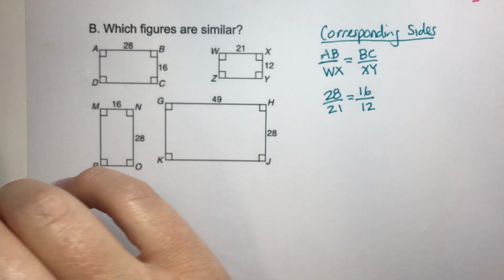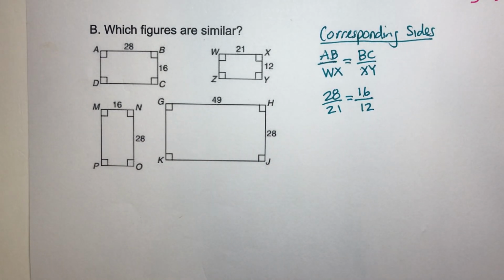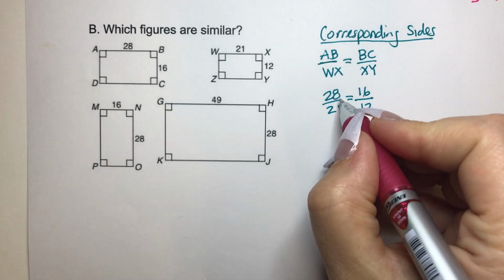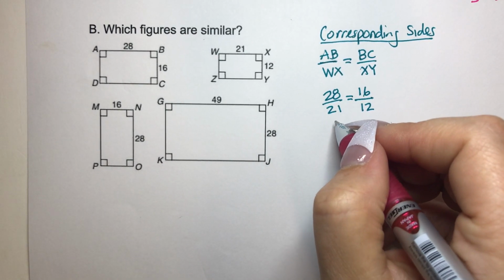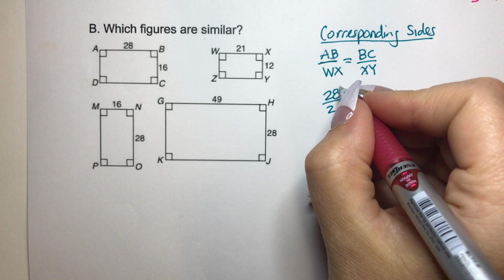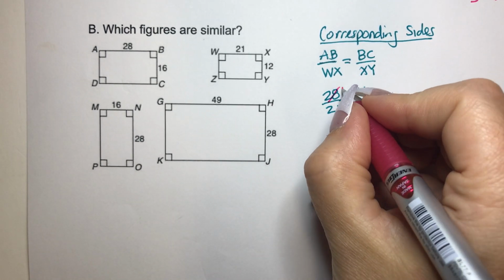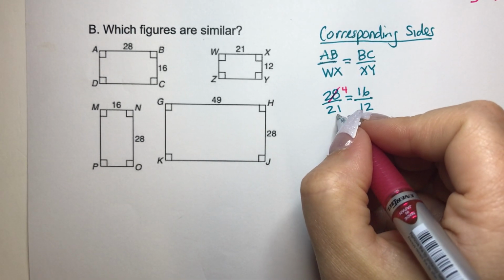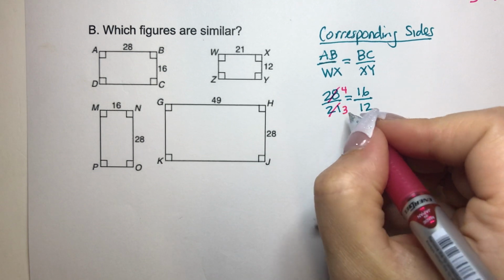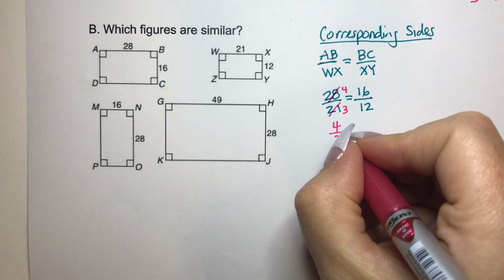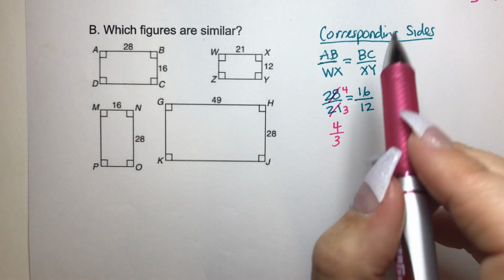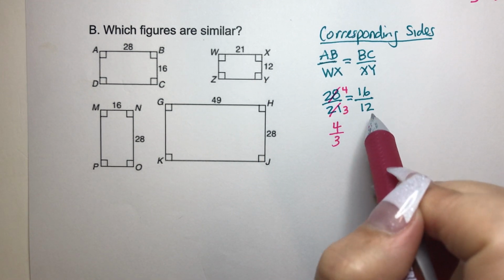Okay, so now we just need to reduce. So let's see here. What goes into 28 and 21? Well, 7 does, right? 7 goes into 28 4 times, and 7 goes into 21 3 times, so we end up with 4/3. What about here? What goes into both 16 and 12?